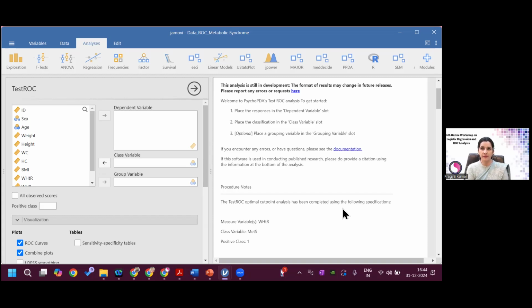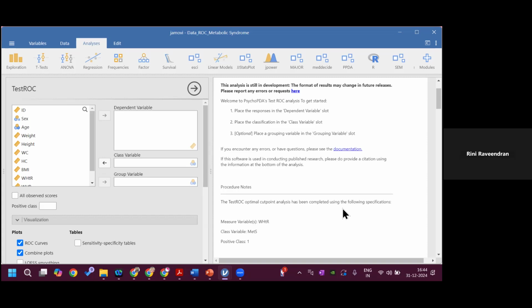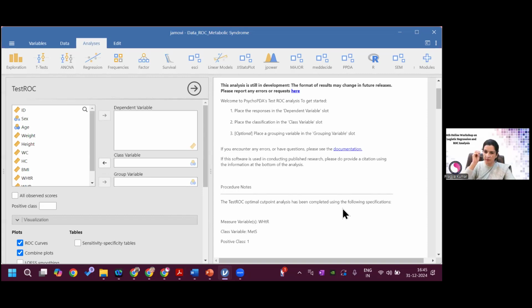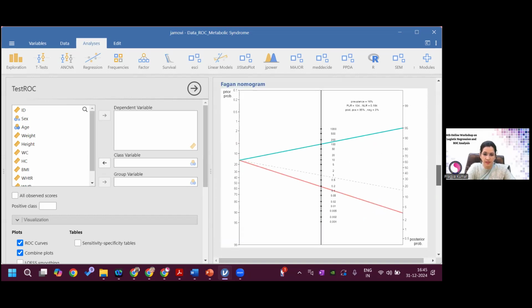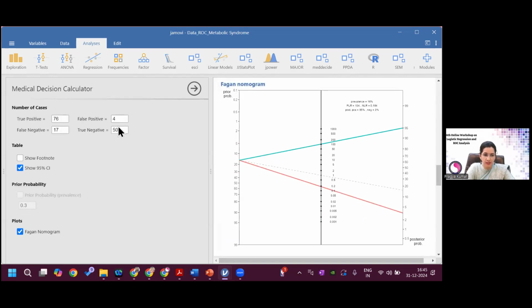Madam, one doubt. From the Fagan nomogram, what do we finally interpret? We interpret the post-test probability. The patient is tested positive, like this. You can see here, you enter all these true positive, false positive, true negative and false negative.